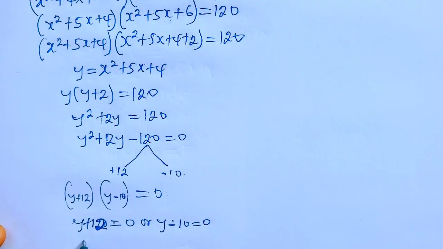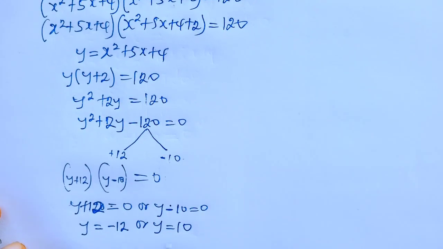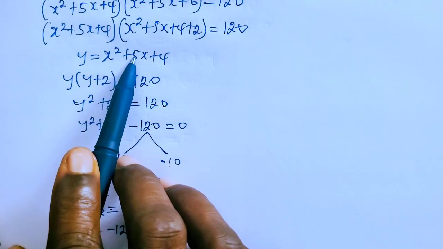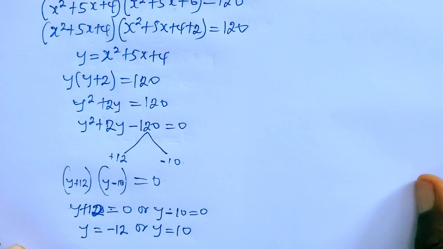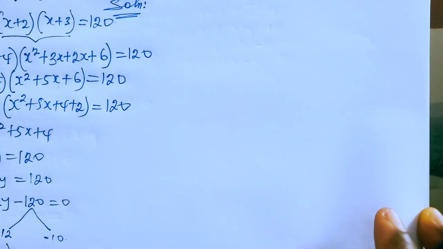Therefore, we have y equals minus 12 or y equals 10. These are the possible values of y. Recall that we set y equals x squared plus 5x plus 4, and as such, we are going to find the solution for the two possible values.